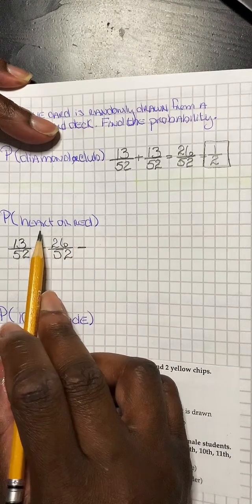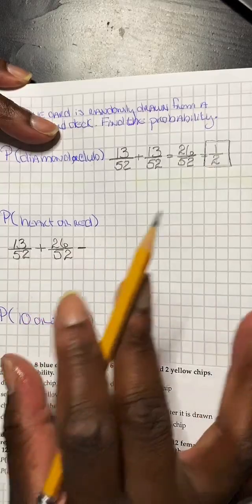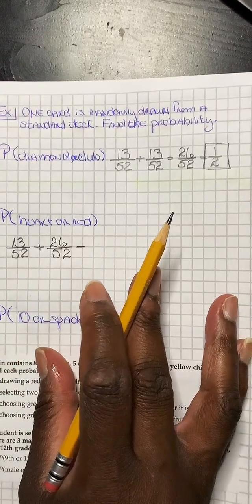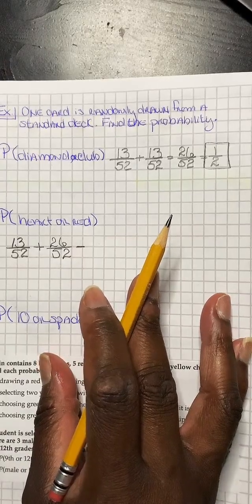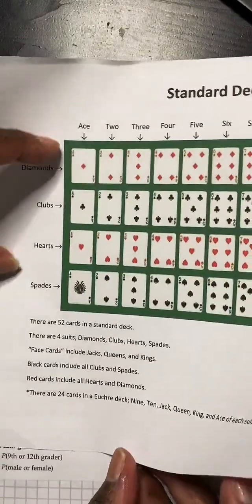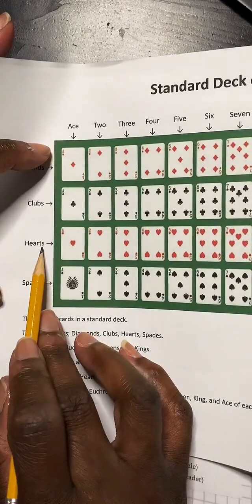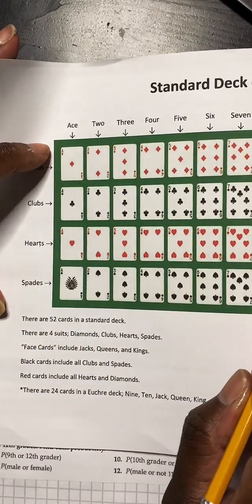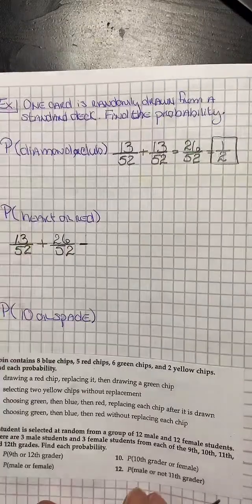Okay, so for those that don't know, because sometimes I keep forgetting, I keep assuming that everyone plays with cards. Let's go to the chart. Okay, look at my hearts. All my hearts are red cards. So we have a combination.